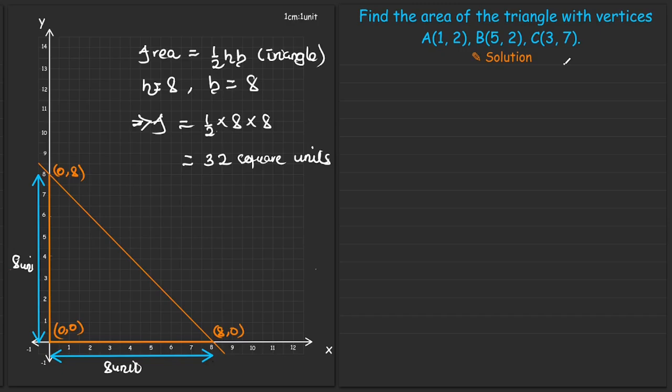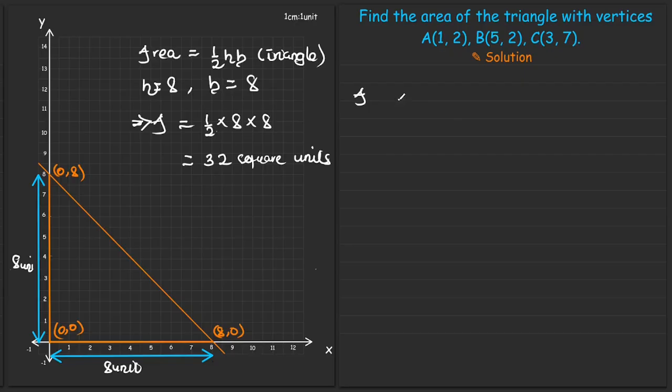So once again, we can go to the graph, plot it out, and then we determine the height and then the base. But let's try with the shoelace method and then see. So for the shoelace method, there are 3 points here.